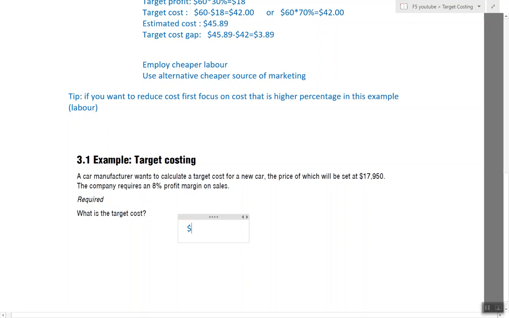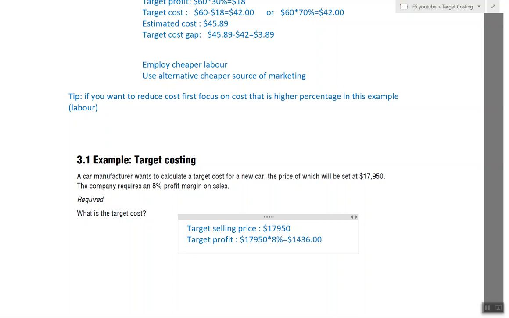So this is our selling price. The price of which is set at 17,950. This is our target selling price, and we have a target profit of 8%, which, if applied to this, becomes 1,436.